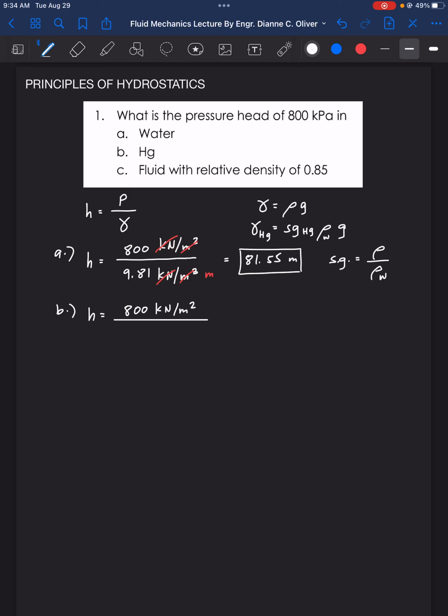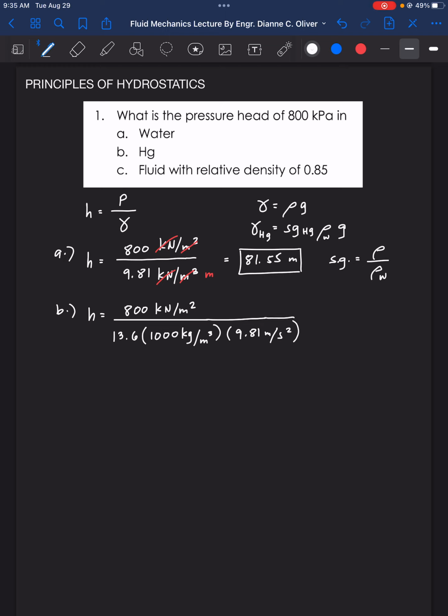Therefore, our unit weight for mercury is equal to the specific gravity 13.6 multiplied with the density of water, that is 1000 kilogram per cubic meter, and then we have here the acceleration of gravity 9.81 meter per second squared.